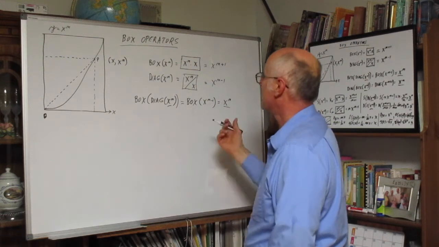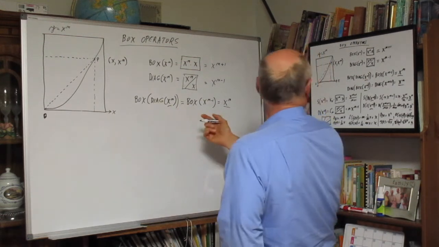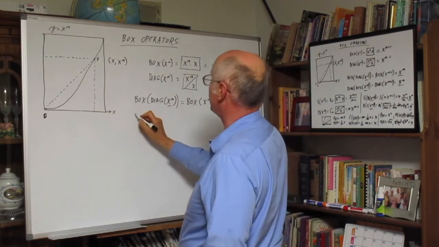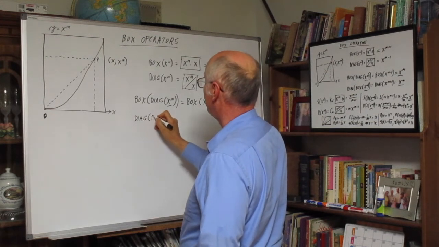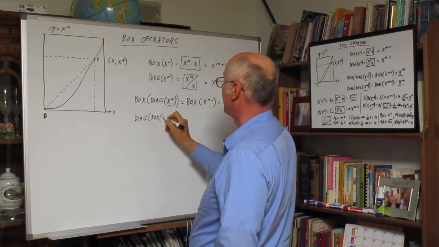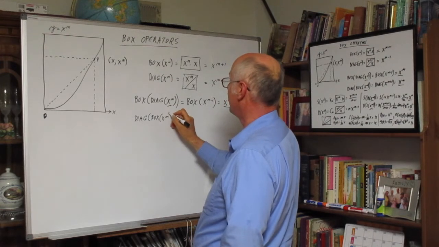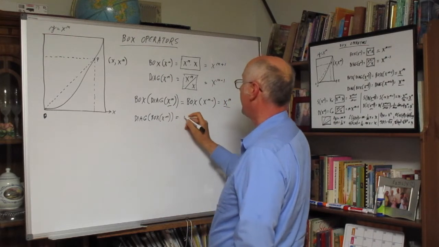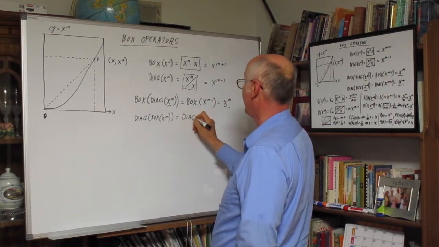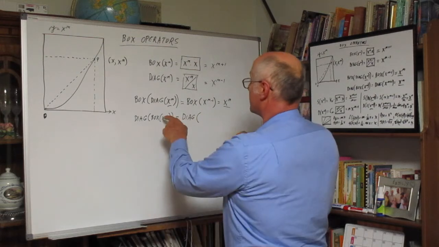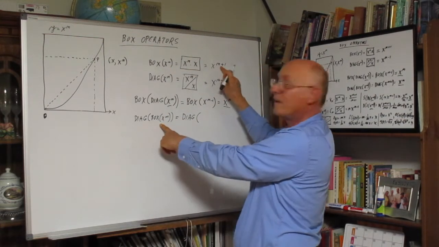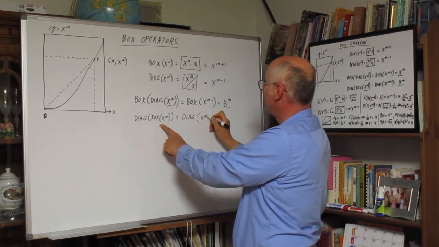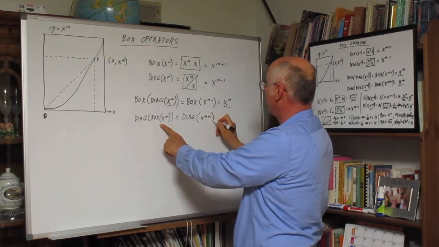And also, the inverse is true. The diag of the box of x to the n, well, that equals the diag of, what's the box of x to the n? That's x to the n plus 1, right? Plus 1.